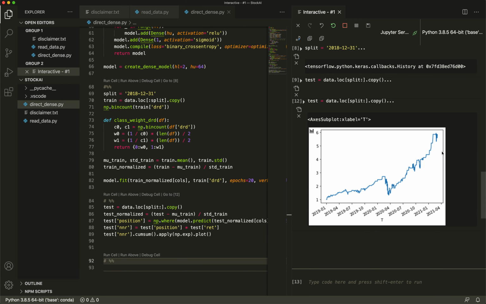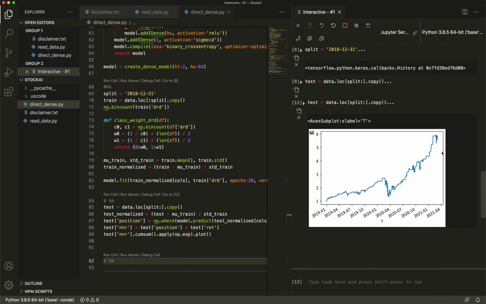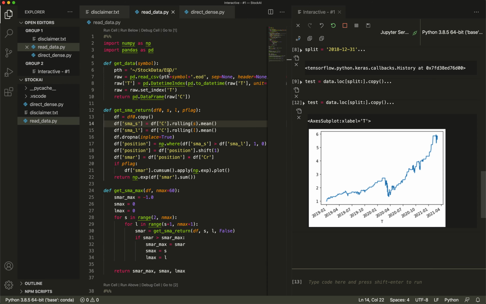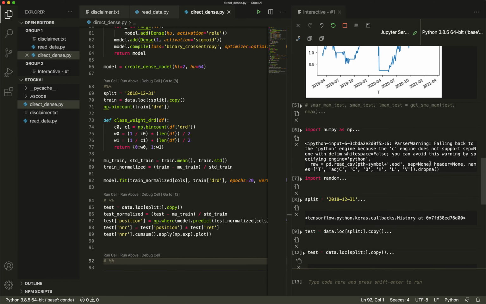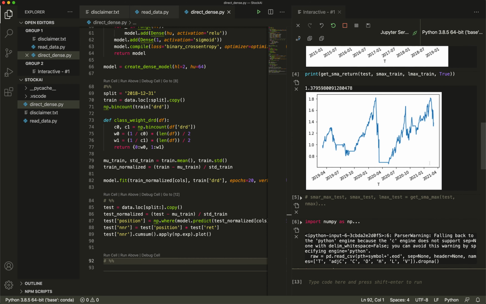Do you still remember the accumulative return of that 2 moving average strategy that we calculated in the previous script? Do we still have that figure? I think yeah, we still have that figure. That was the cumulative return curve for the moving average strategy for the same time period, right?